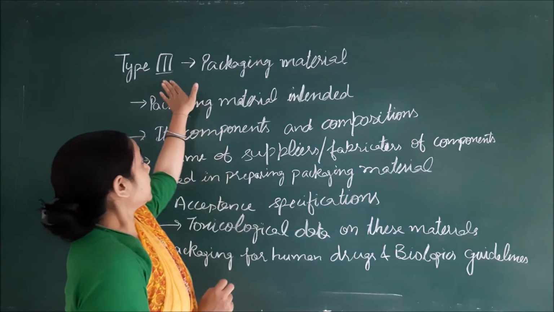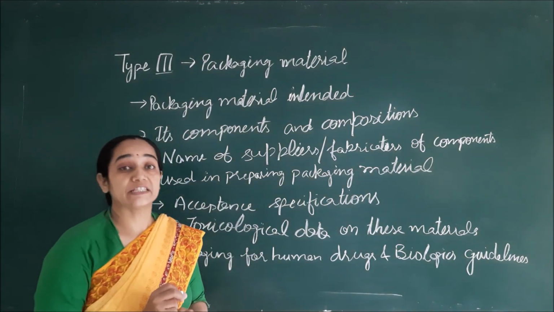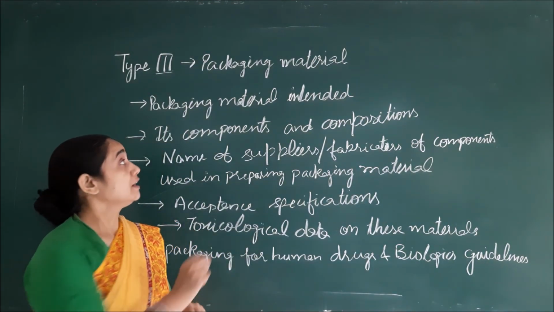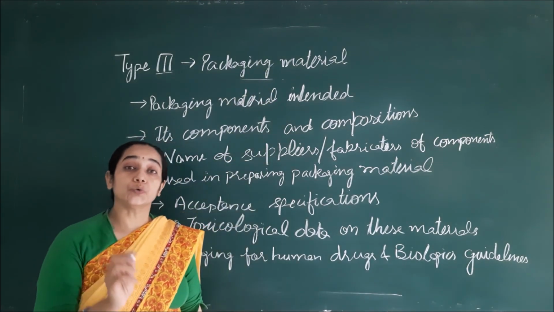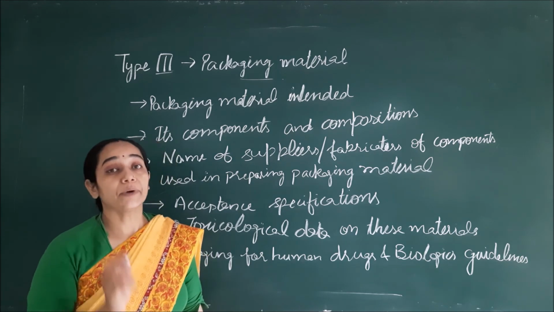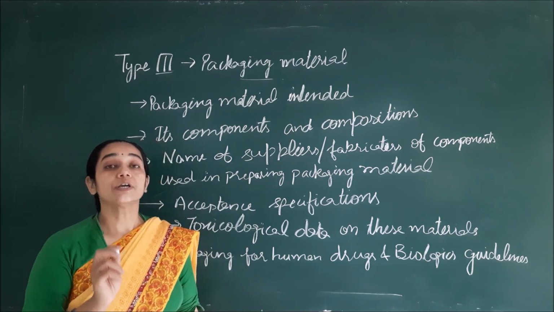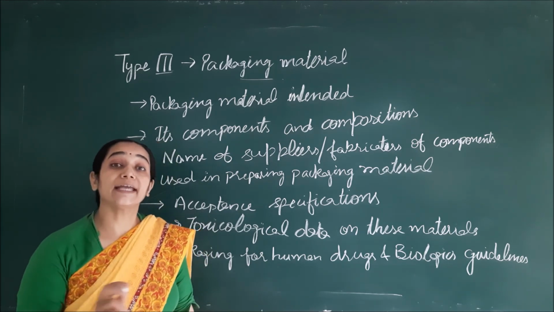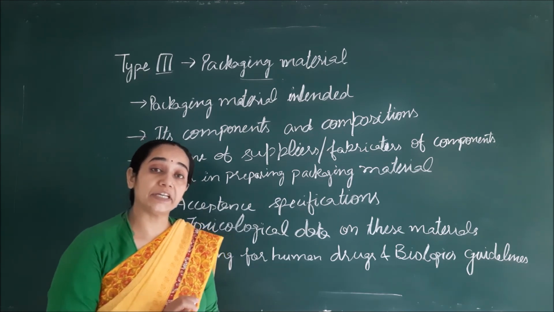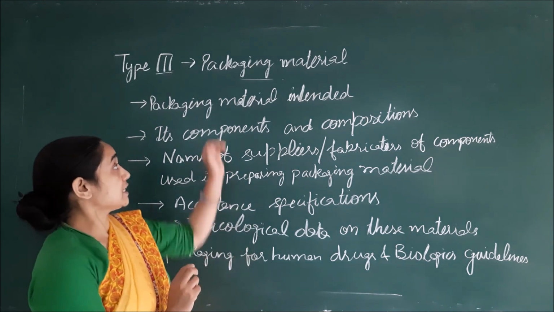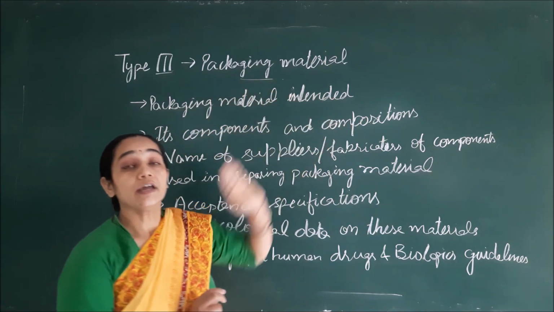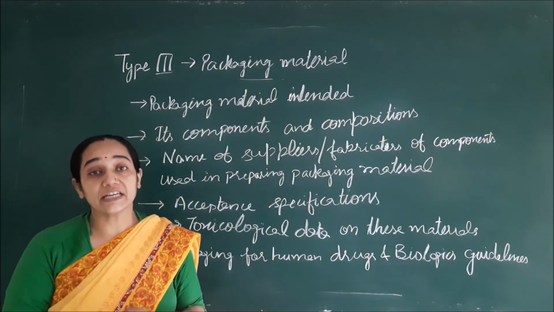Type 3 drug master file is basically specifying the packaging material. Means what will be the packaging material used for packaging of the particular kind of drug substance or drug product, as well as if some intermediates need to be stored, how they should be stored. Means it will contain all kinds of information about the packaging material.